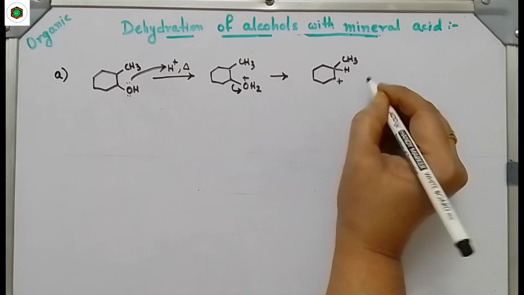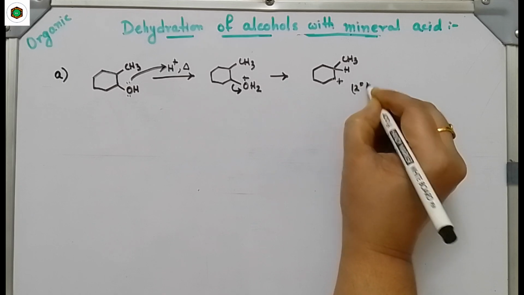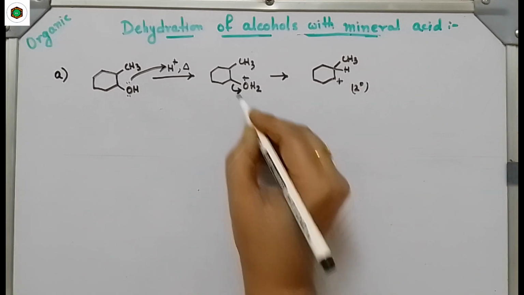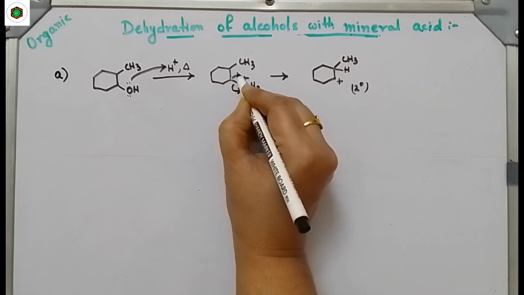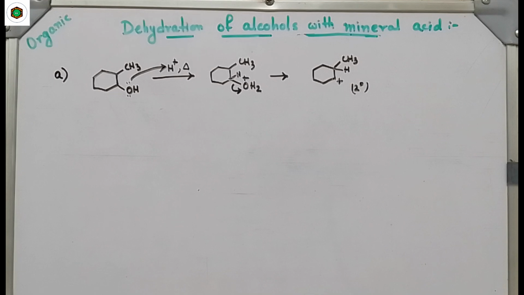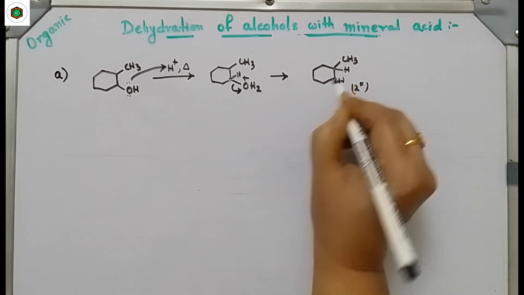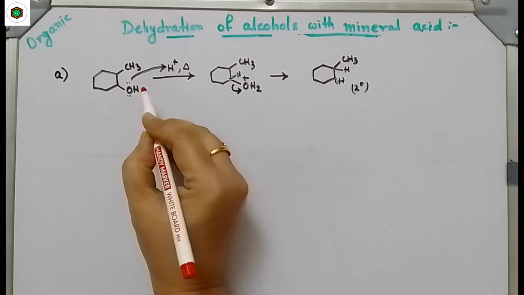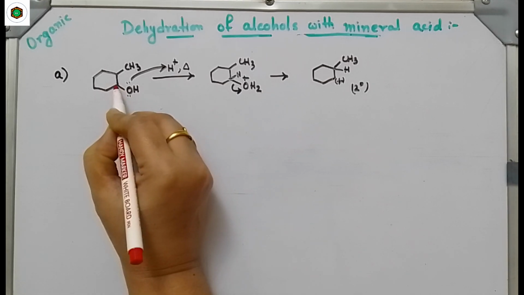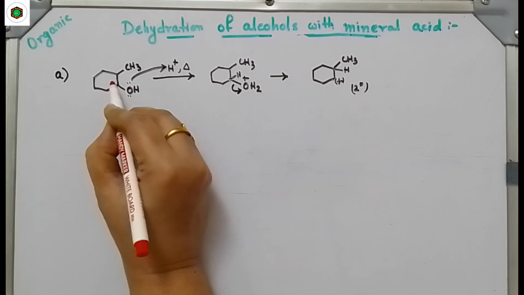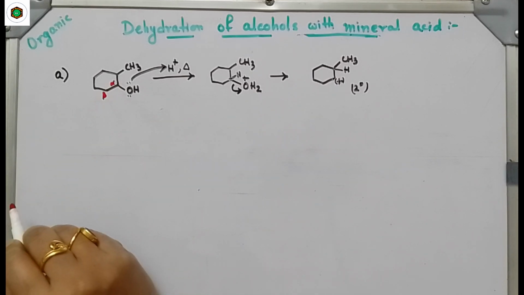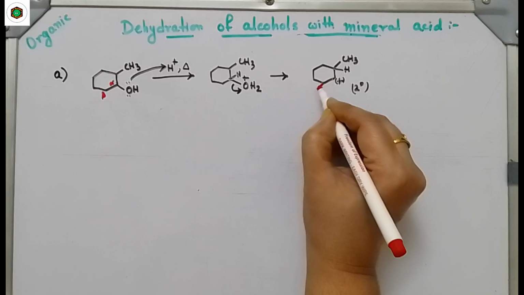This carbocation is secondary carbocation, because this carbon is attached with 2 carbon atoms, and obviously here also there is one hydrogen atom to satisfy the tetravalency of carbon. Now see, since it is beta elimination, with respect to this OH, this carbon is alpha and this carbon is beta. So here 2 beta hydrogens are there.